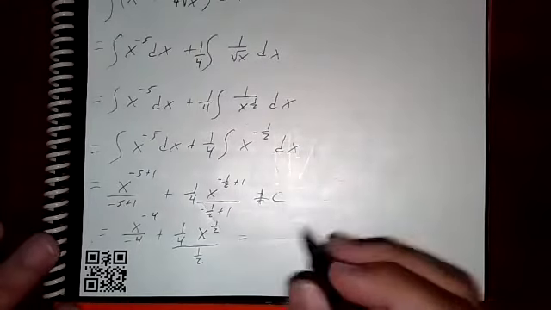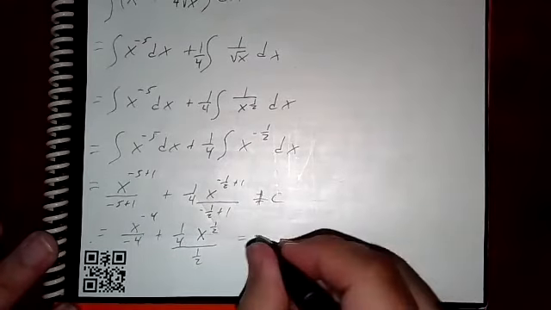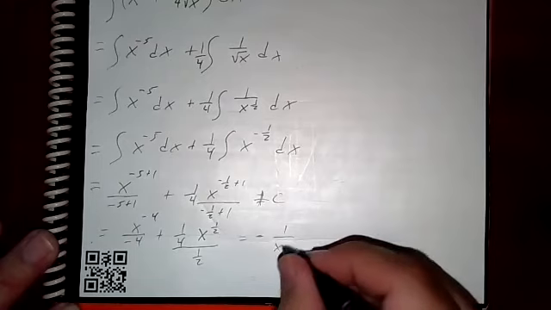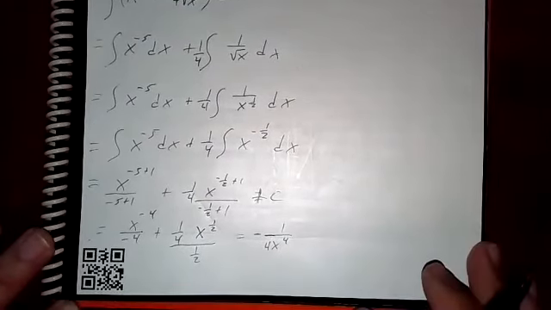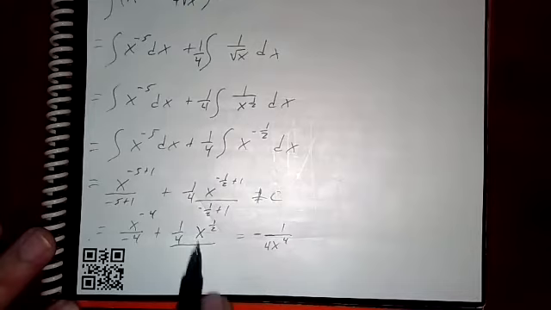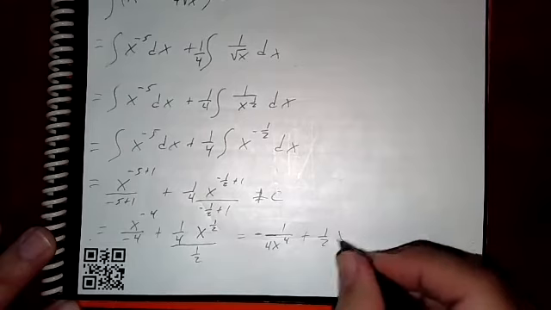At this point we're pretty much done. We can bring that to the bottom as a positive power, since there's a 4 down there with this x to the 4th. This guy I need to flip and multiply, so that'll be 2 over 1 times 1/4, which is 2 times a 4th, which is a 1/2.